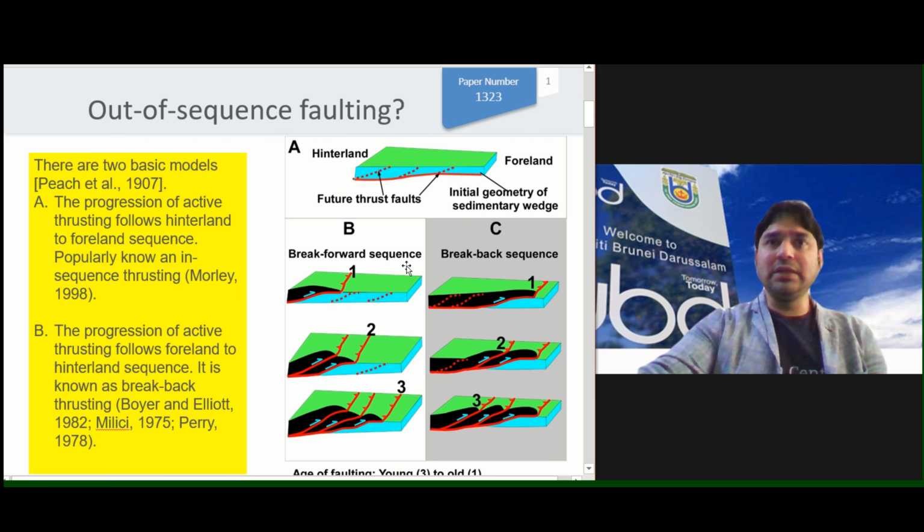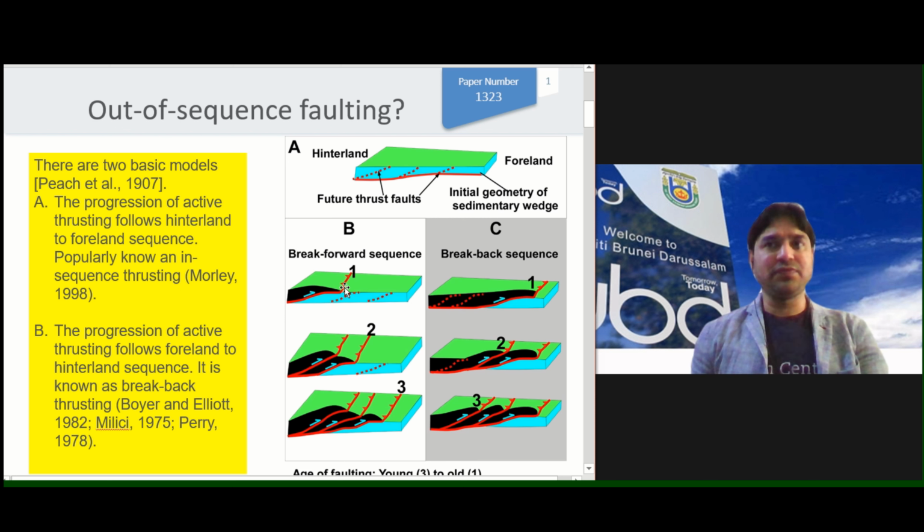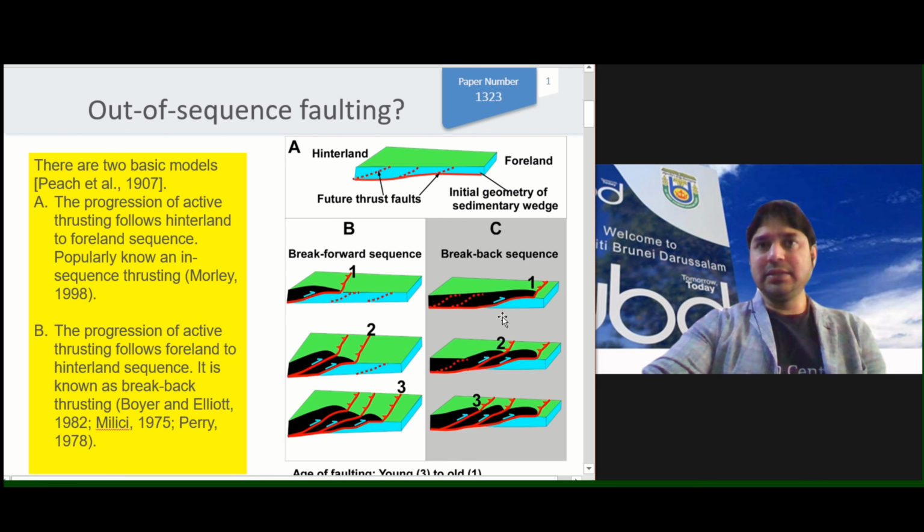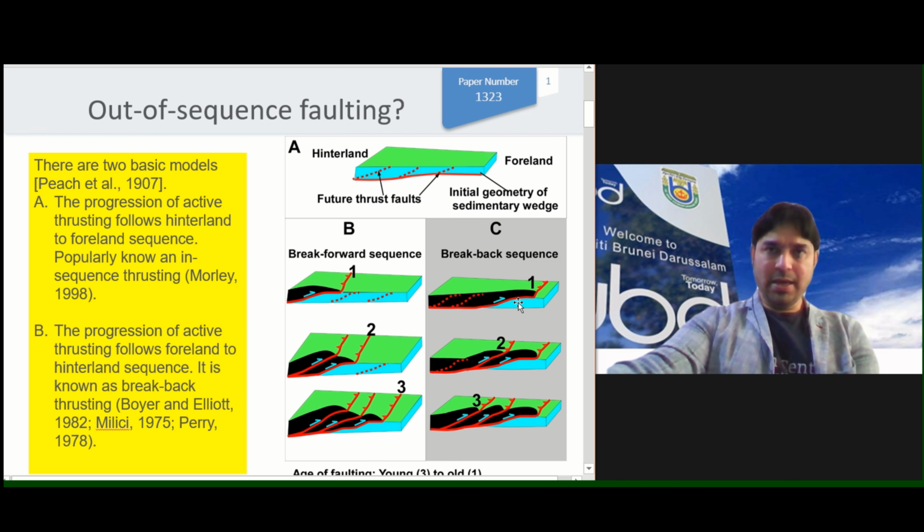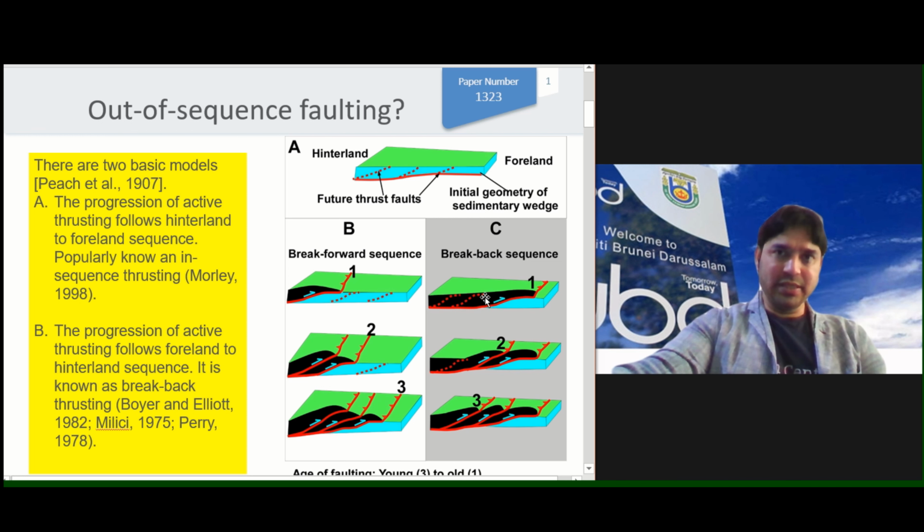Now, this is a break-forward sequence, and in the present day we call this in-sequence faulting. The break-back sequence means that you have a fault, for example the basal fault, which ruptures at the front first, and then migrates towards the hinterland.